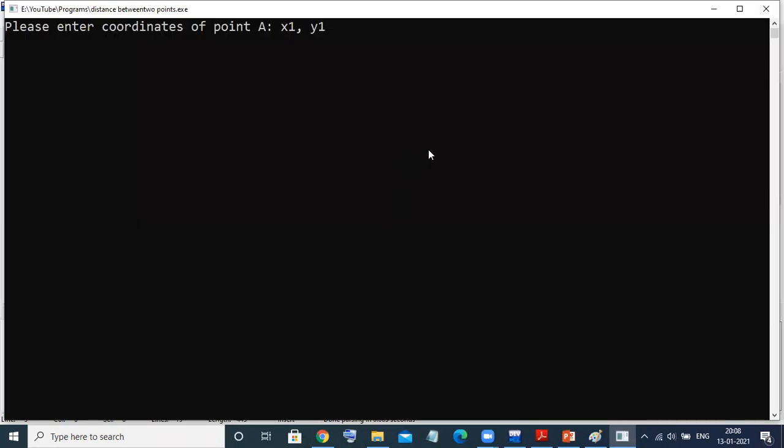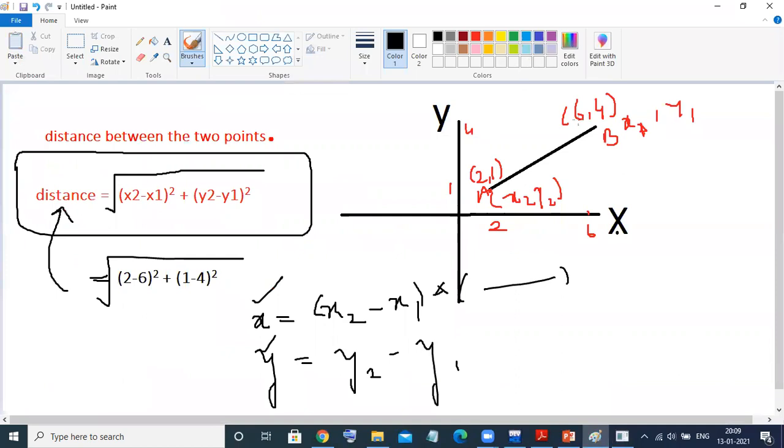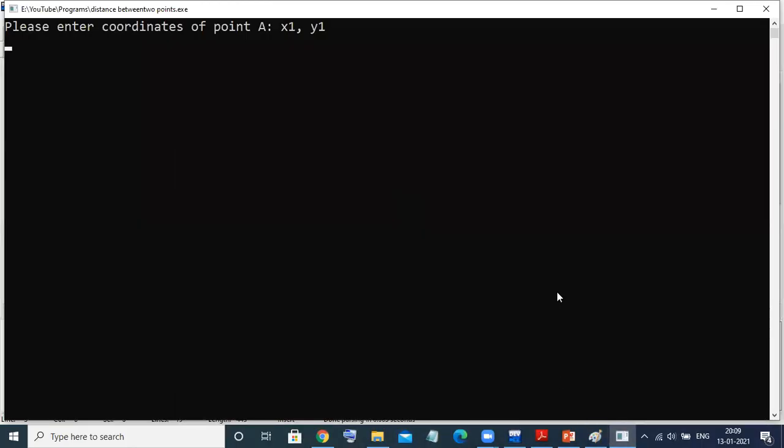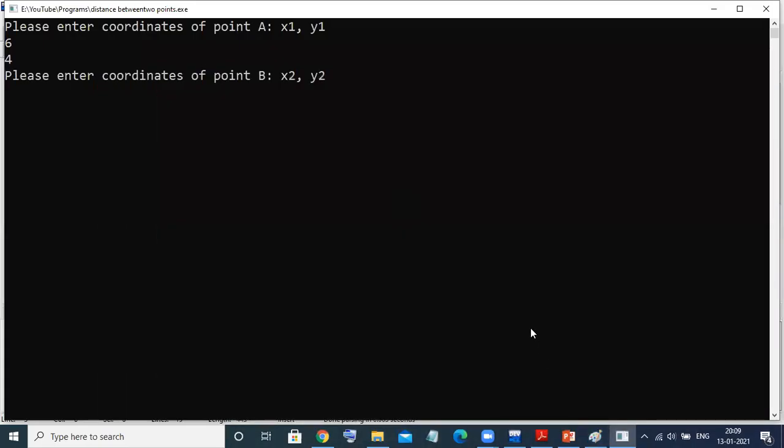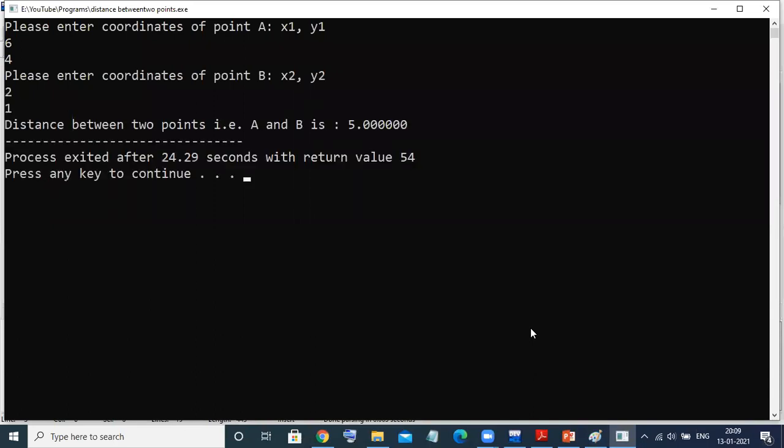Please enter the coordinates of x1 and y1. Let us enter the same coordinates we have seen here, x1, y1, that is 6 and 4. Then please enter the coordinates of x2 and y2. They are 2 and 1. If I enter here, see, this is the distance between these two points.